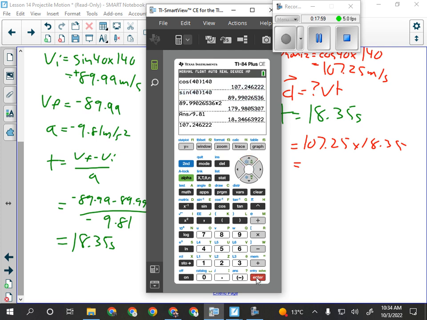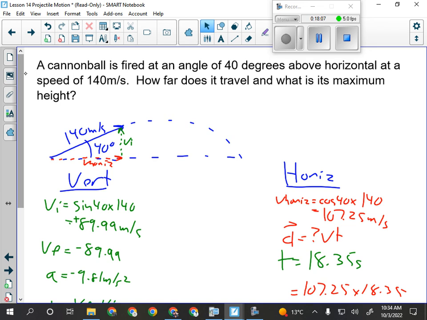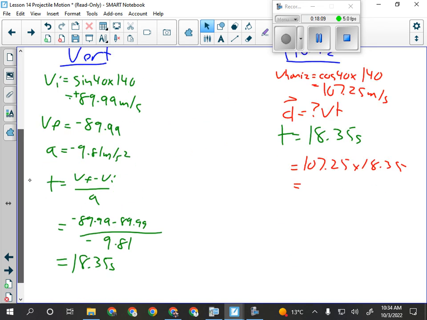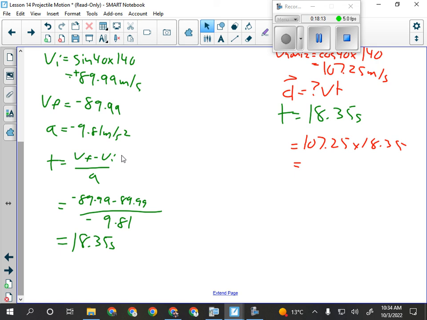I have 2 significant digits, so it's going to travel 2.0 times 10 to the 3 meters, 2 kilometers. Okay, everybody all right with that?